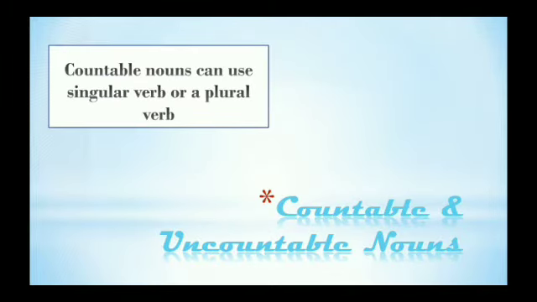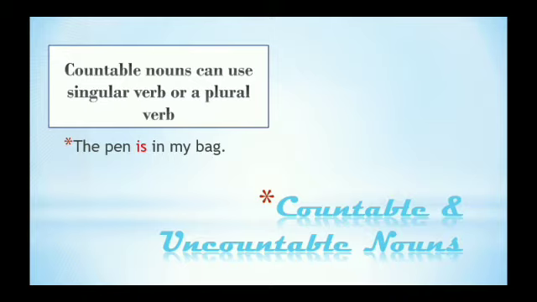Countable nouns can use a singular verb or a plural verb because they have both singular and plural noun forms. Now look at the example given here. The pen is in my bag. So here what is the noun? The pen. So pen is a singular, countable noun.